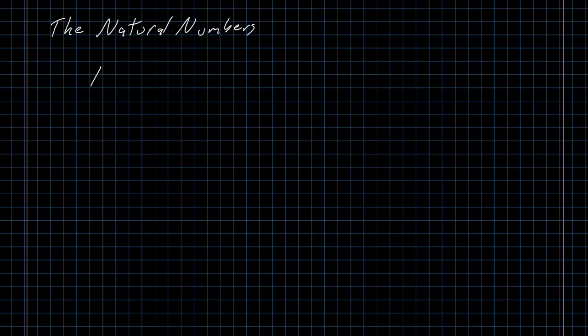So there are a couple of sets of numbers that you should be familiar with already. You may or may not be familiar with the notation for them, but you should be familiar with the name of the natural numbers, which are sometimes also known as the counting numbers. And I think it's pretty easy to define the natural numbers by the numbers you count with, 1, 2, 3, 4, 5, and so on.